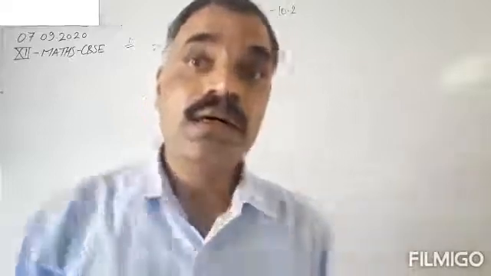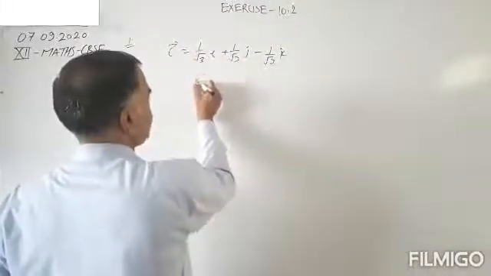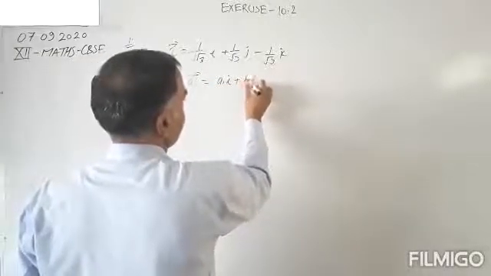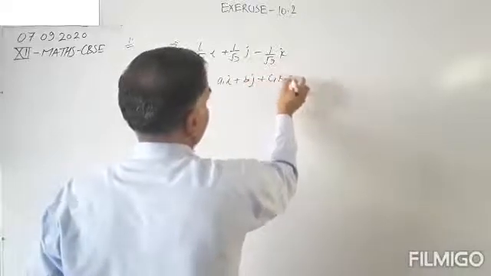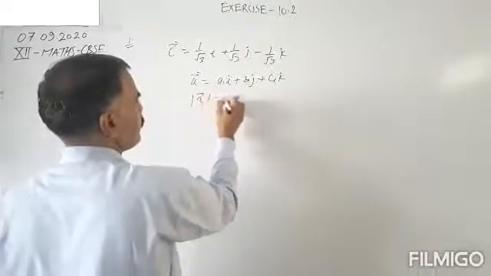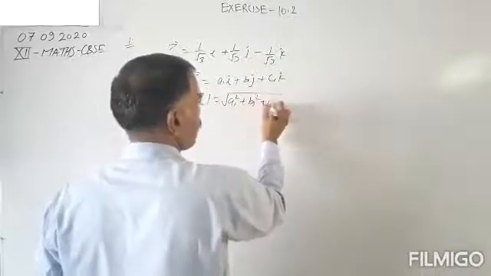So let us learn how to compute the magnitude. The magnitude of the vector A, that is a1 i cap plus b1 j cap plus c1 k cap, is given by modulus A vector is equal to under root a1 square plus b1 square plus c1 square.